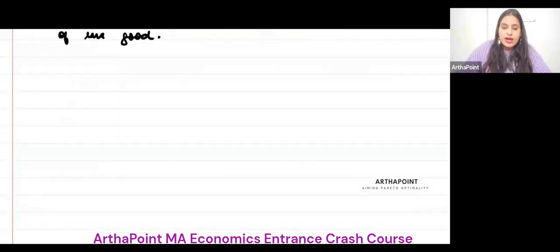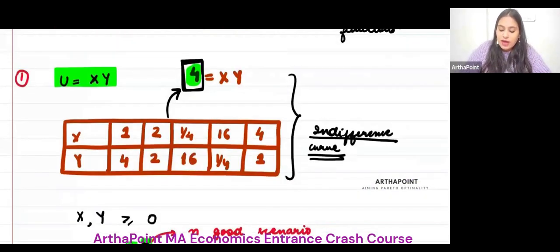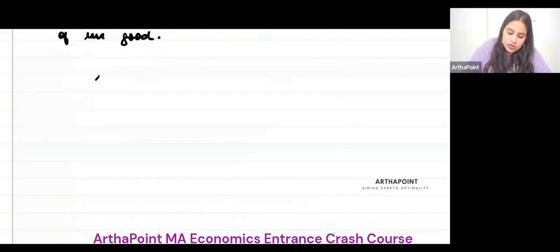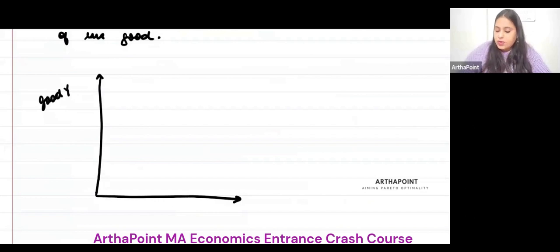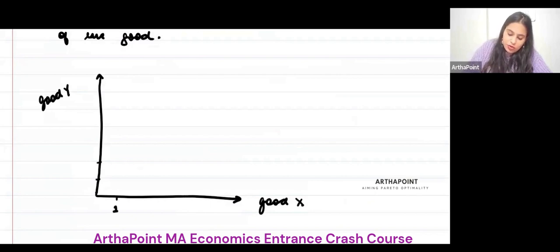Okay. So now I'm back to the concept of indifference curve. I want to go ahead and I want to plot this. So how do I go ahead and plot this? So this is good Y, good X. I can have 1 unit of X, 4 units of Y, 1 unit of Y, 4 units of X, 2 units of Y, 2 units of X, and other points.